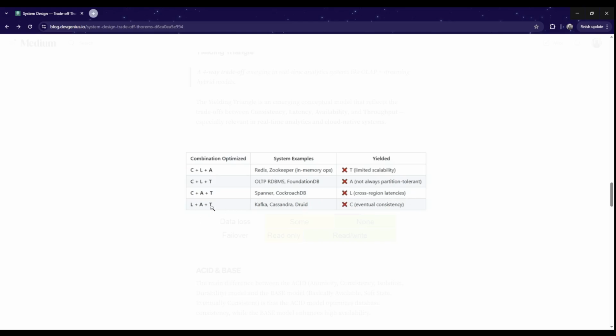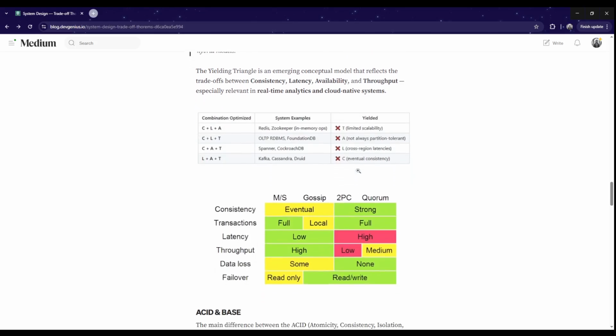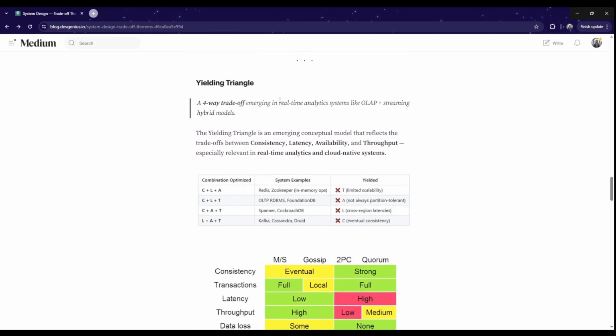Then we have LAT systems, which lose on the consistency part, because their systems will become eventually consistent rather than being consistent from the beginning. So these are a few toleration things that we have, which we call the yielding triangle theorem.